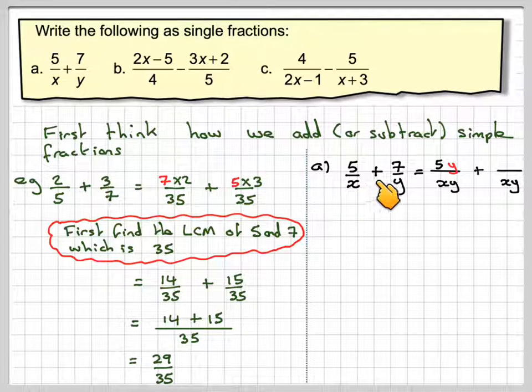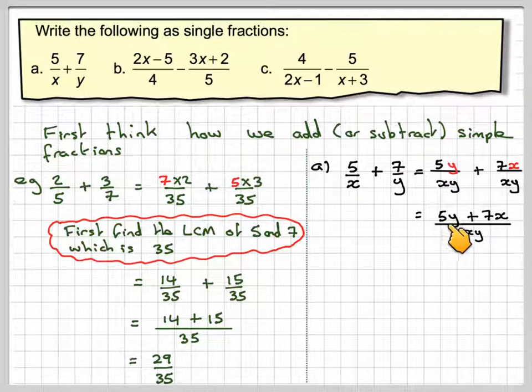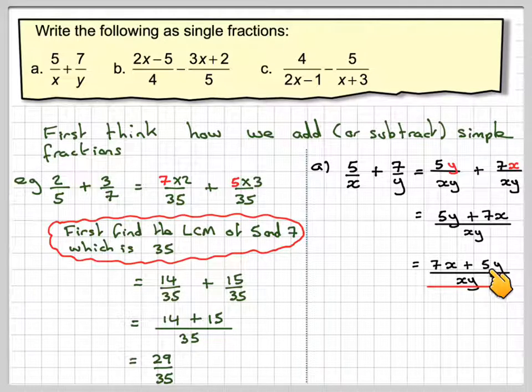We multiplied it by x, so we must do the same here to the 7, we get 7x. We've now got a common denominator, so we could now write that as 5y plus 7x over x times y. Now normally we would write x before y, but if you left it like that, it would probably be marked correct. But just to get things in alphabetical order, I'm going to write it as 7x plus 5y over xy.